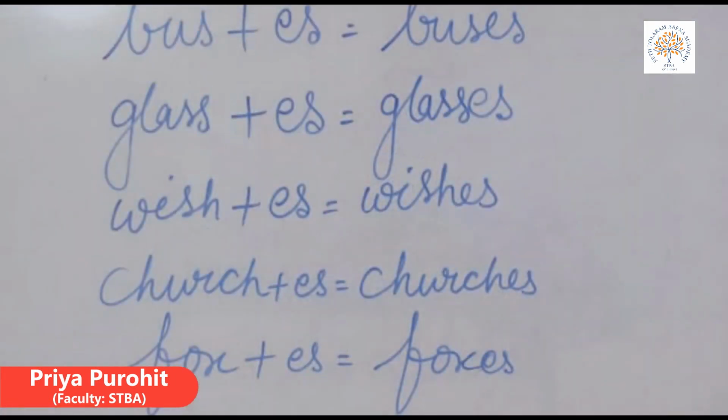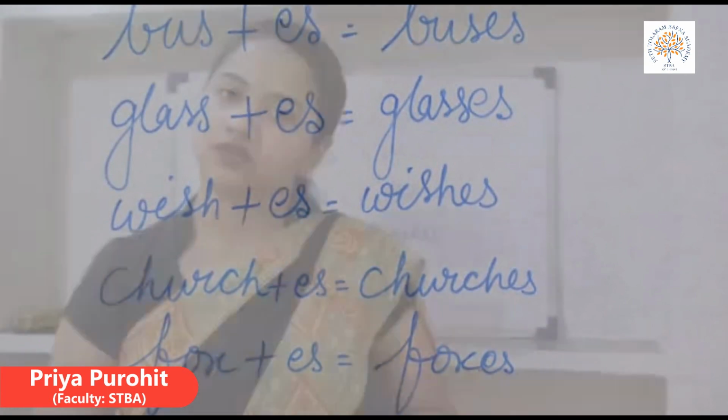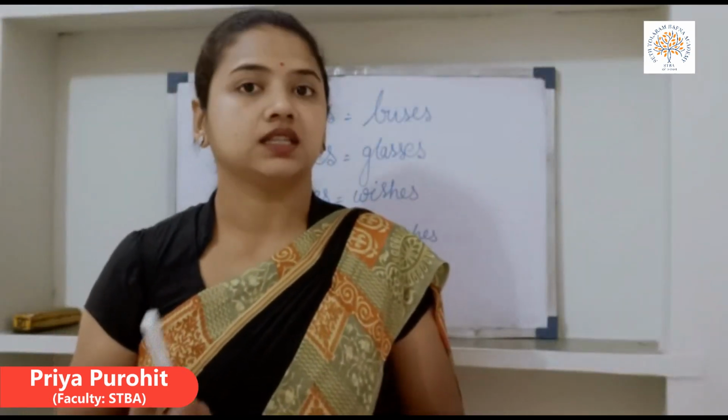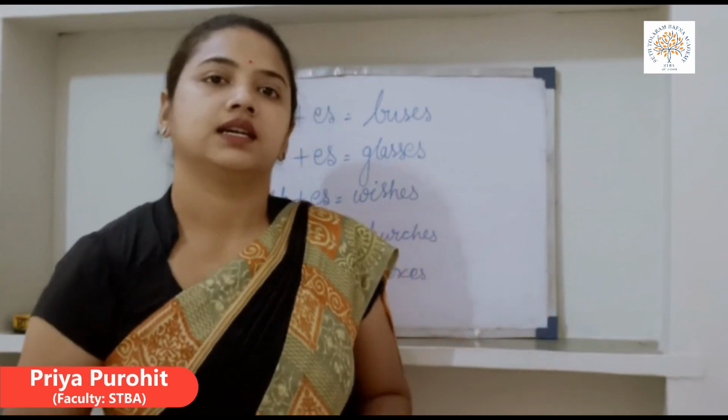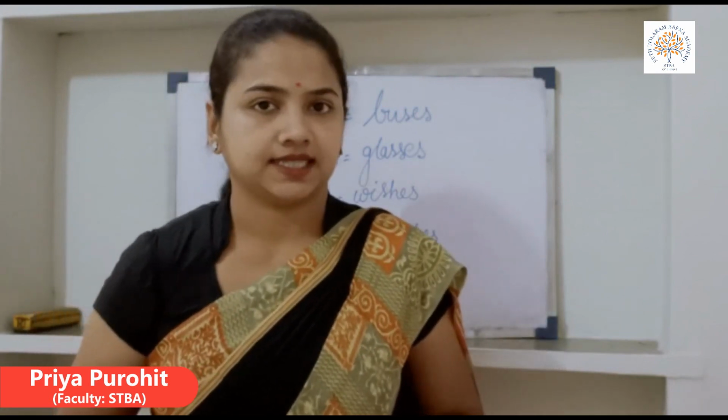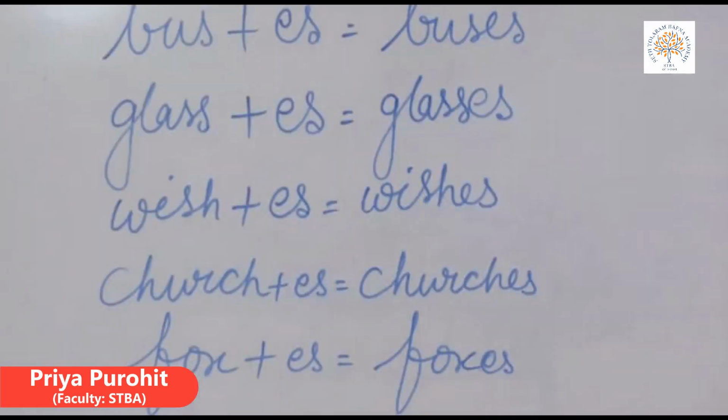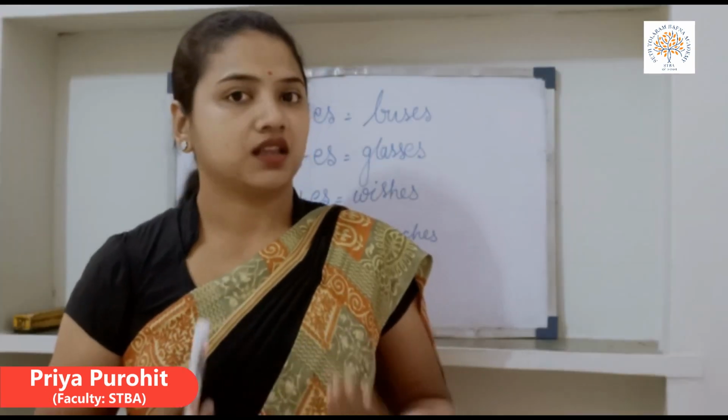Next one is glass, and it becomes glasses because it ends with double s. Wish, wishes. Church, churches. It's ending with ch. That's why we are using es at the end of church. Fox, foxes, because it ends with the x. So we add es.